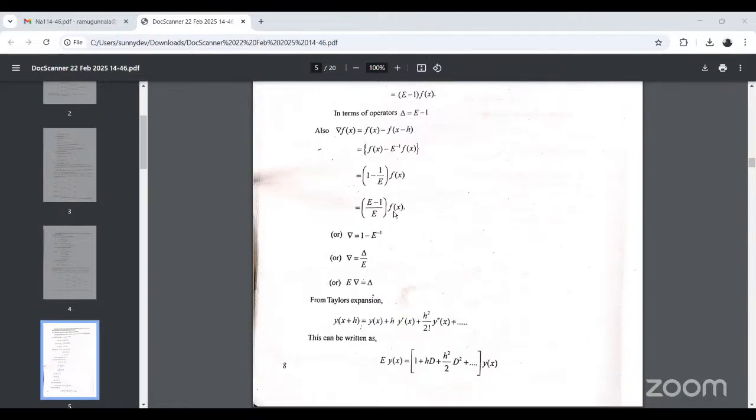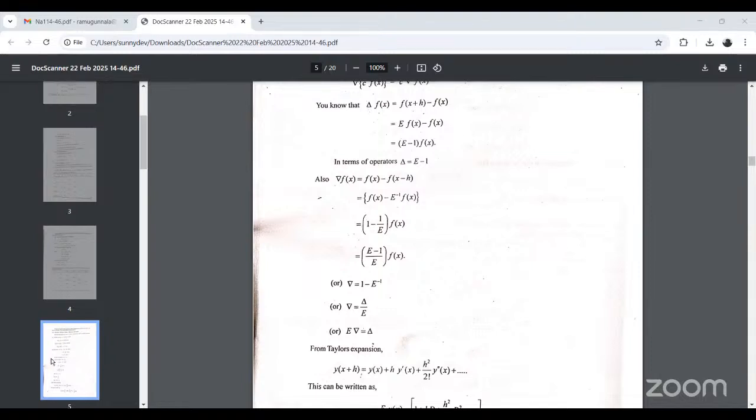Now we can see the nabla. So this is nabla f of x, that equals f of x minus f of x minus h. Just now we discussed, f of x minus h equals what? E power of minus 1 into f of x. So f of x minus e power of minus 1 into f of x.